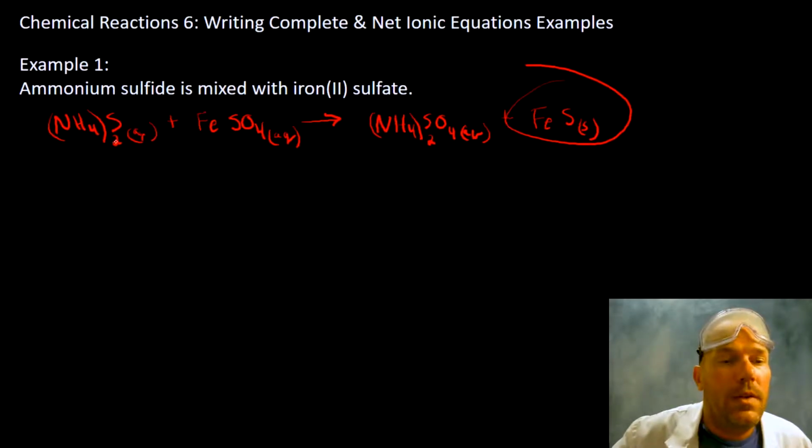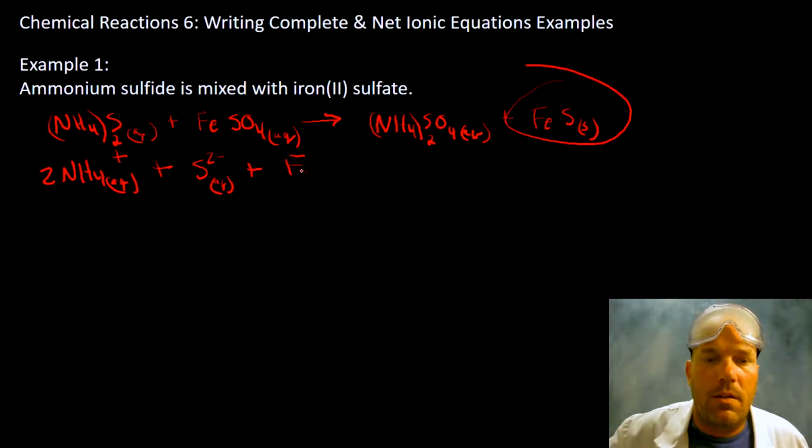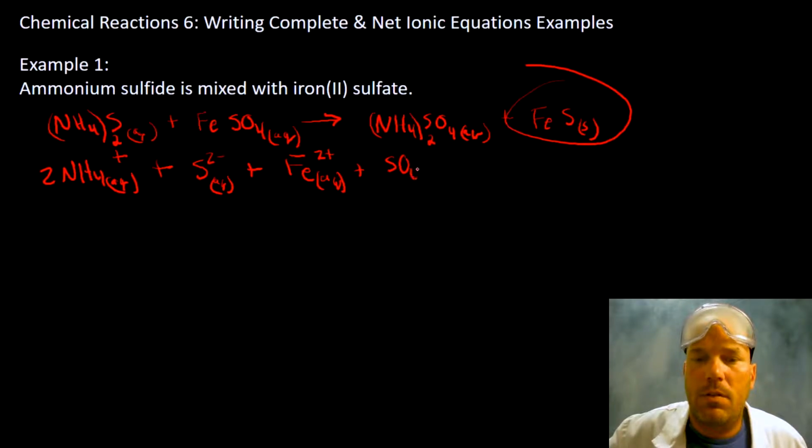Okay, so this subscript will become a coefficient. 2 NH4 states of matter. Very tedious, class. Very tedious. We're talking ions, so don't forget the charge. Plus S 2 minus aqueous plus my iron here. This was iron 2 plus aqueous plus SO4 2 minus aqueous.